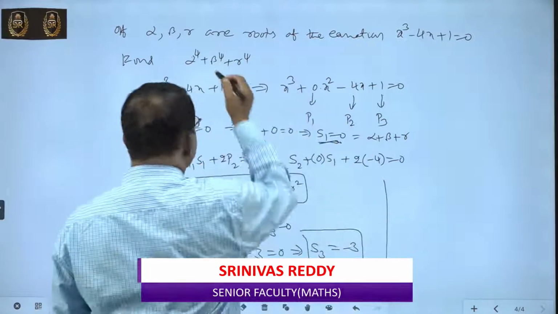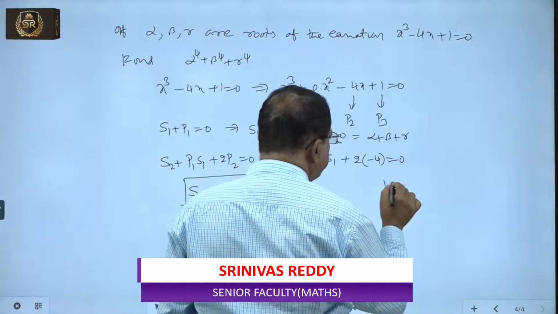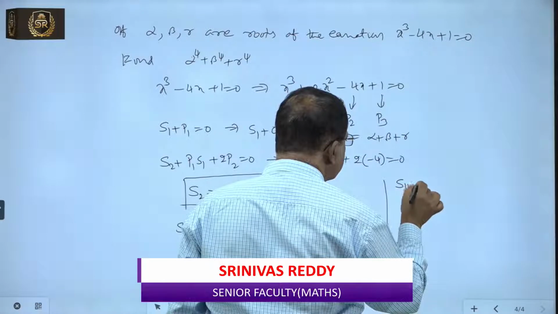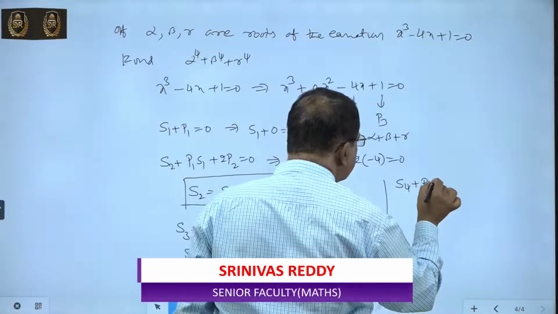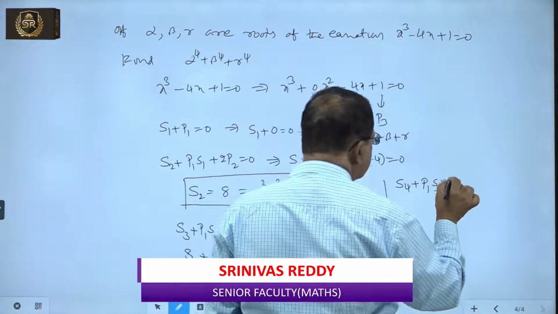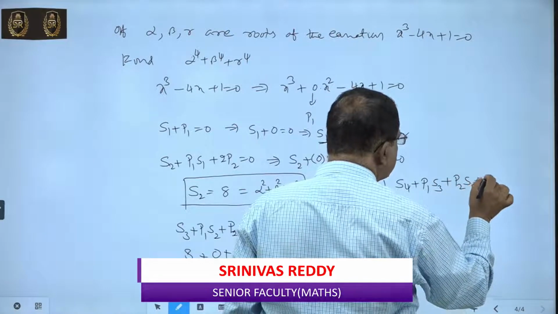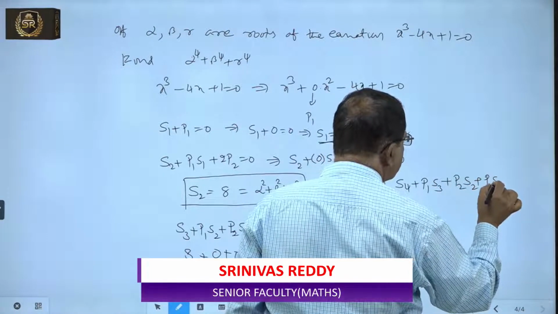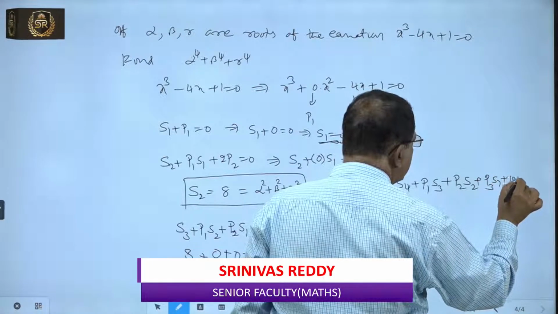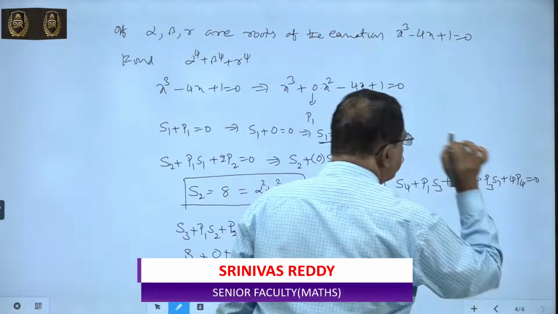Actually the required value is S4. Now S4 plus P1 S3 plus P2 S2 plus P3 S1 plus 4P4 equals 0.